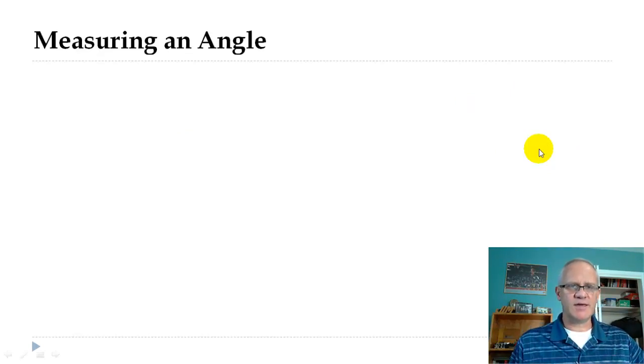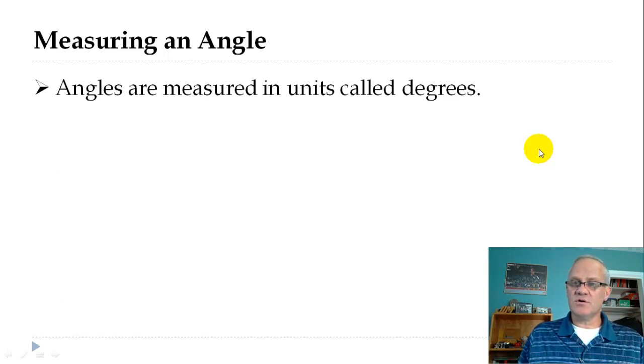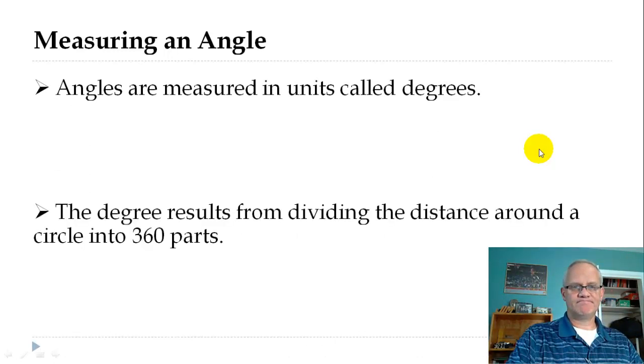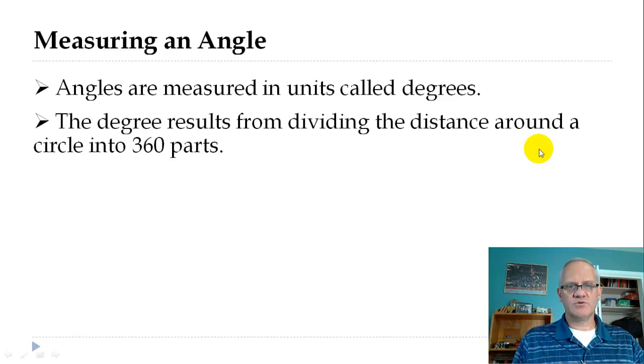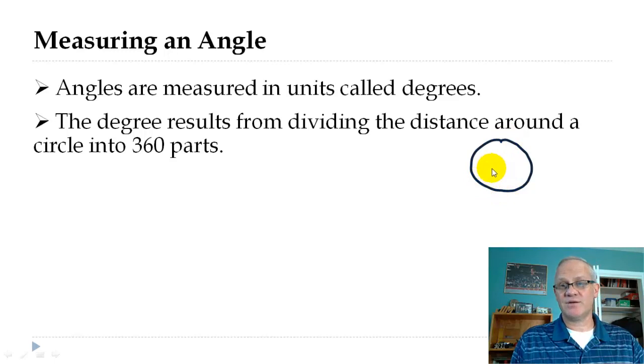Moving on, measuring an angle. Angles are measured in units called degrees. The degree results from dividing the distance around a circle into 360 parts. So if you think about a circle, I'm not sure how well I'm going to be able to draw this, but here's a circle. That is not bad.